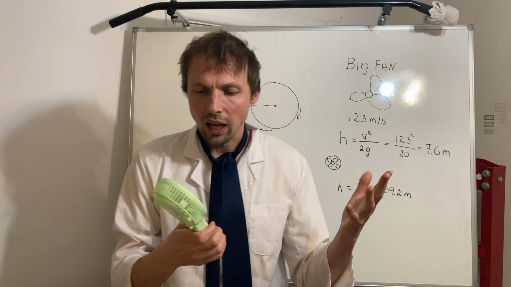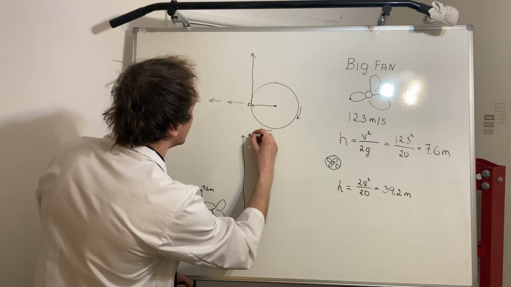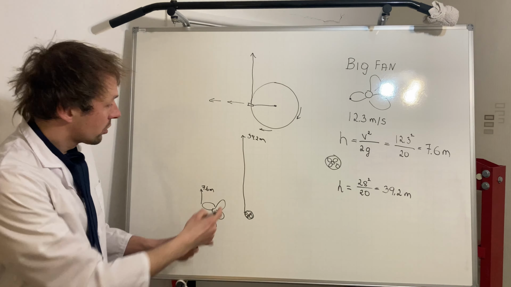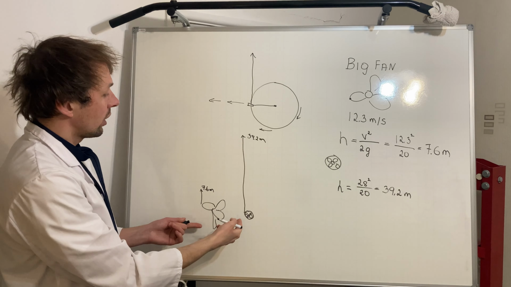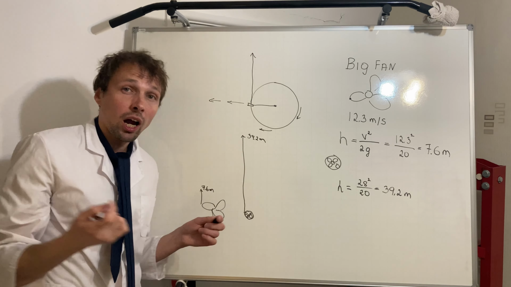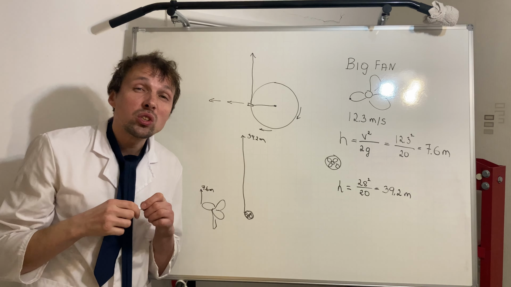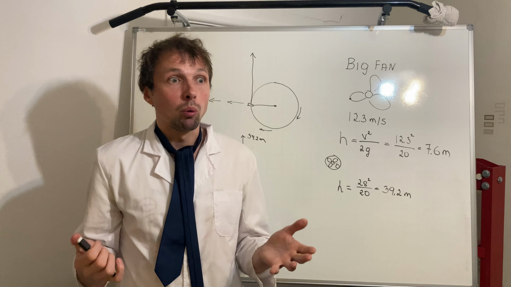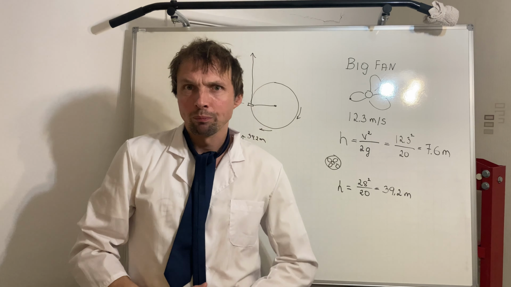However, from the small fan, it would fly up all the way to 39.2 meters. So as you can see in the picture, it would fly much higher simply because it is much faster. So faster speed equals higher altitude.